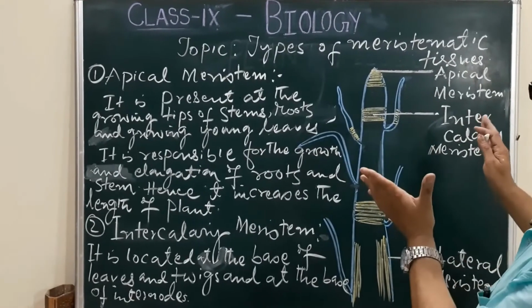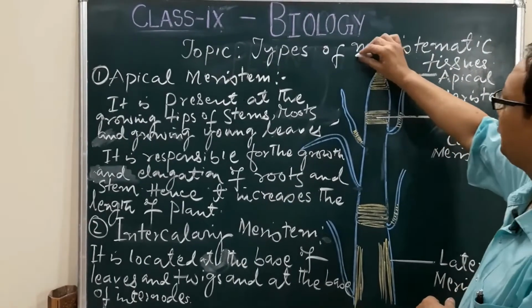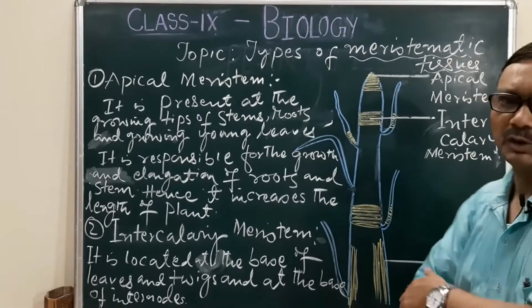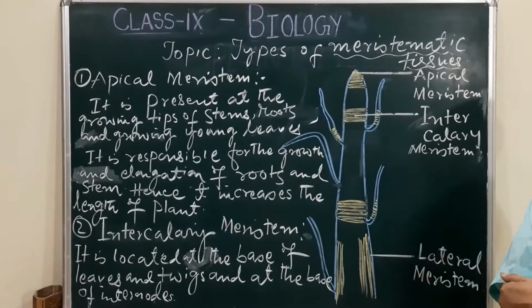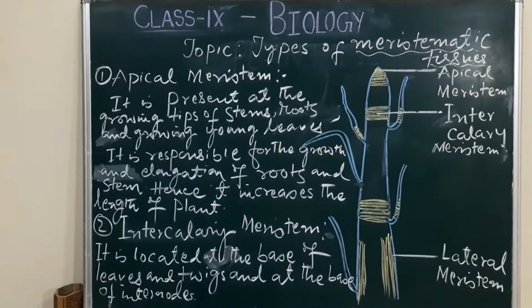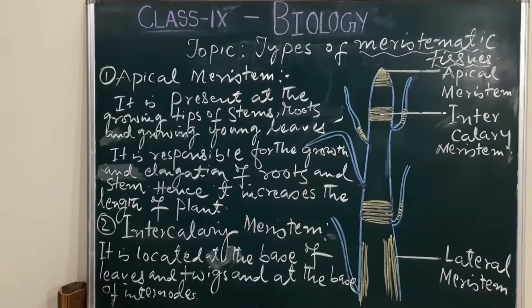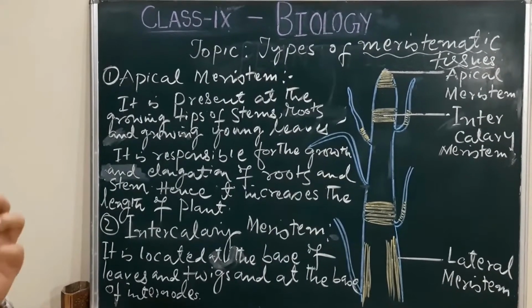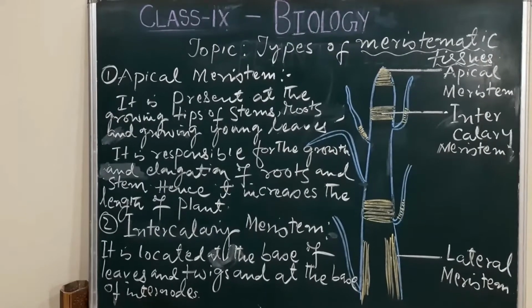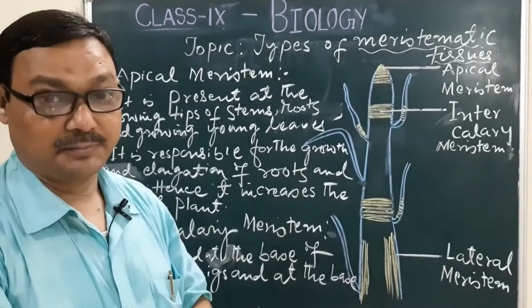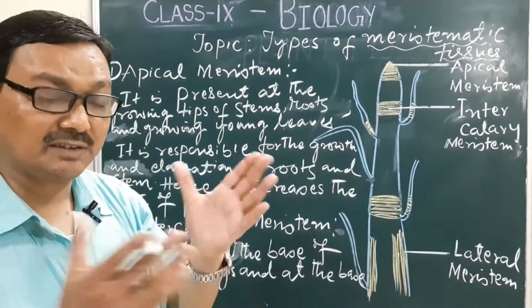We have discussed that meristematic tissues are tissues of the plant having cells which are active, premature, and will divide. And why will a cell divide?